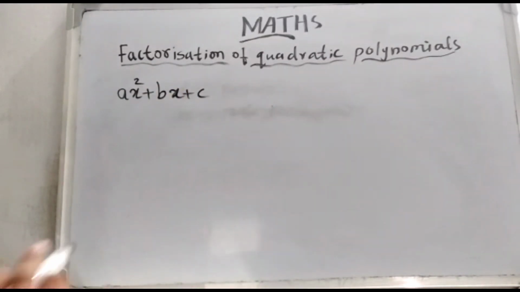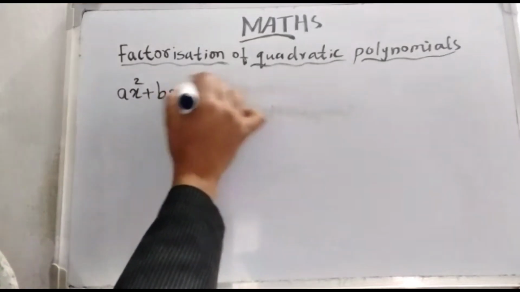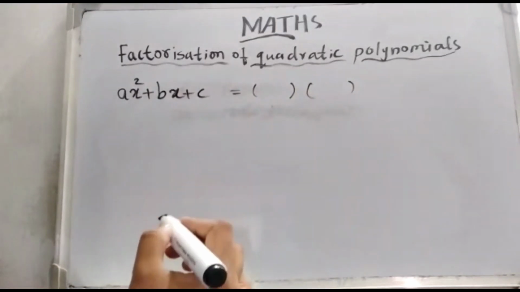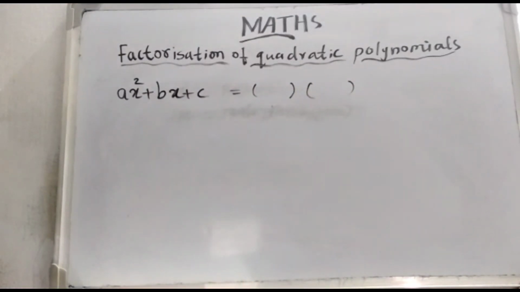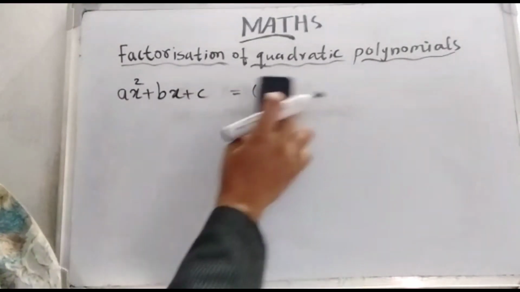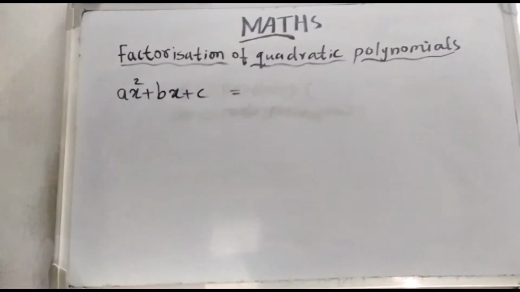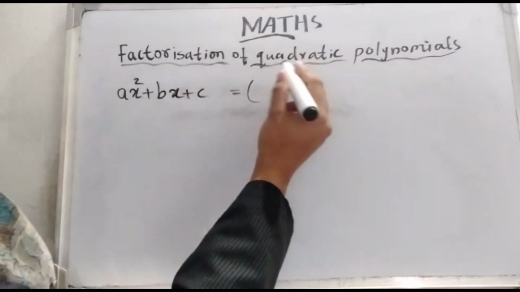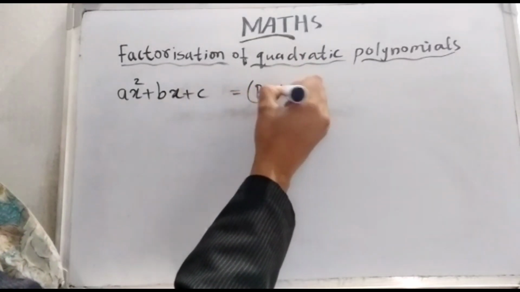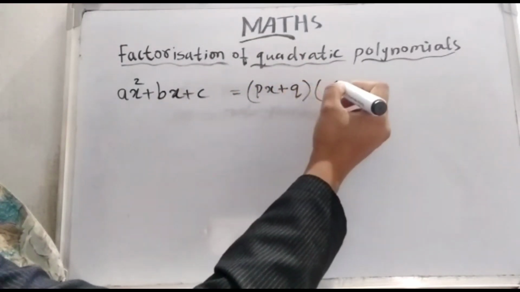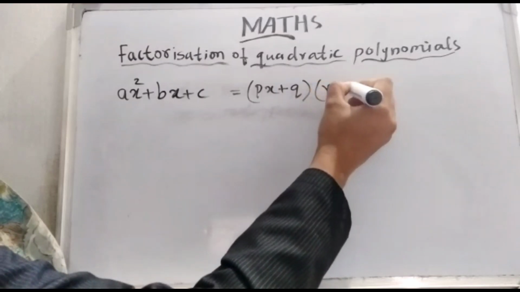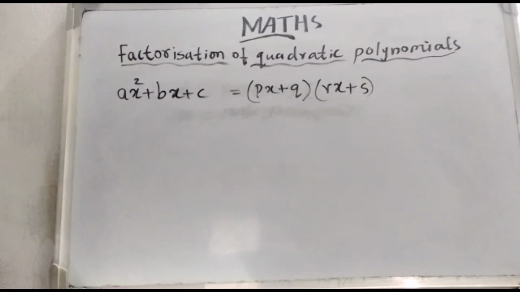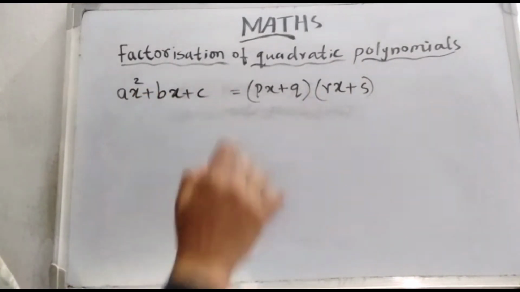Clear? Then we need to factorize this quadratic polynomial as the product of its factors. See, this is a quadratic polynomial, ax square plus bx plus c.